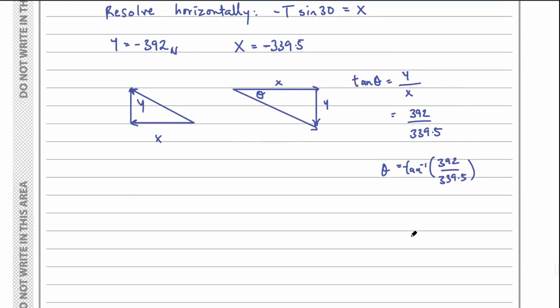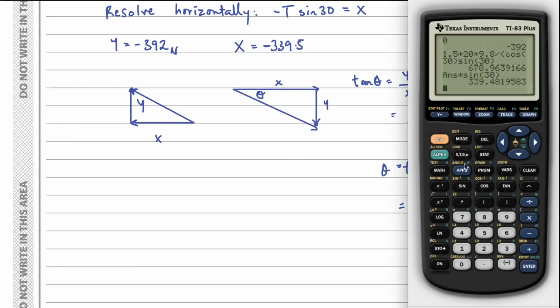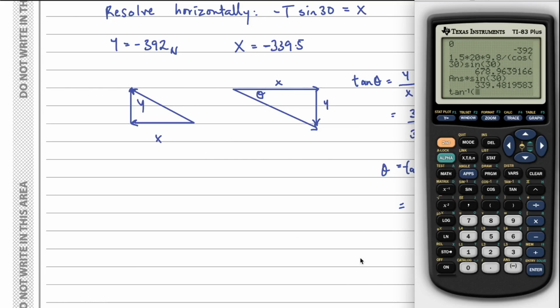Okay, so now we just need to put that into a calculator. So the inverse tangent of y, which is 392, divided by x, which was our previous answer on our calculator, and it should give us an angle of 49.1 degrees.